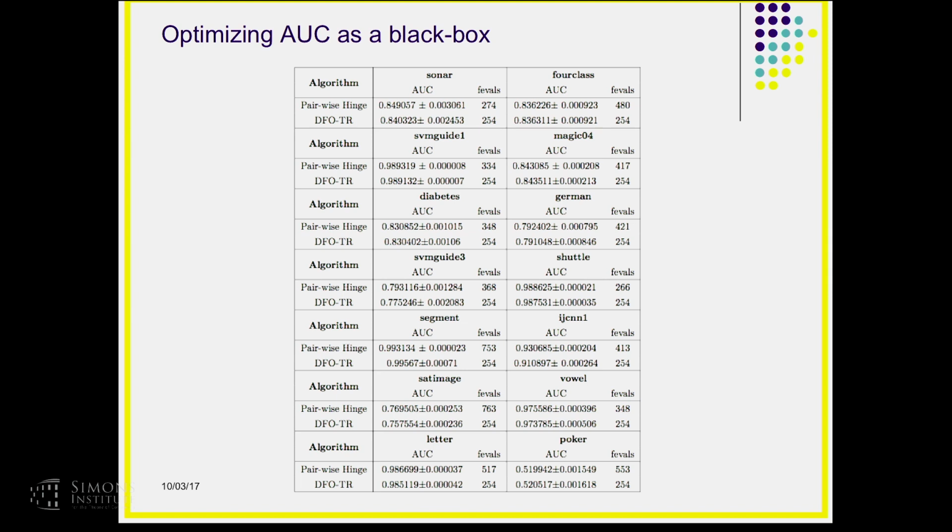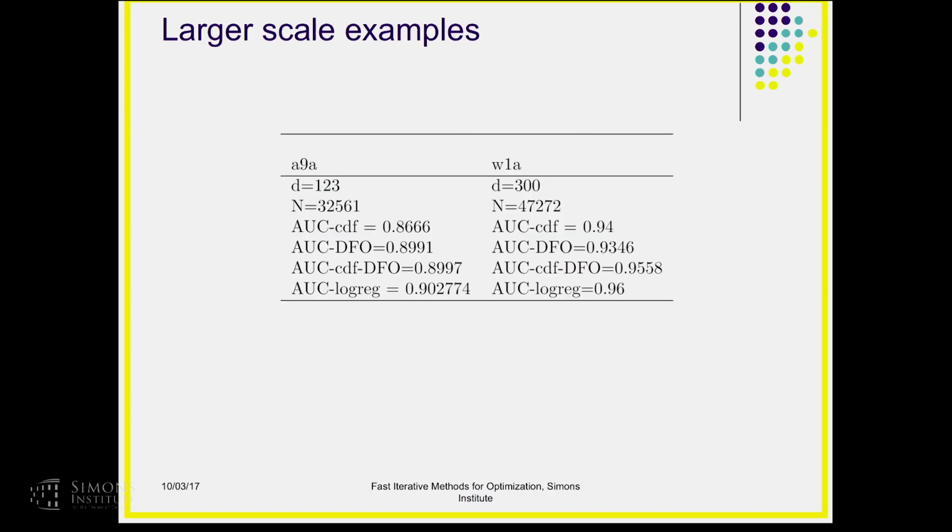And again, we get about the same answer. So we don't really get something much better usually, or better at all, as a matter of fact, unfortunately. But we usually get it faster with fewer function evaluations, because you directly optimize the true function that you're trying to optimize. Okay. Here is a larger data set.